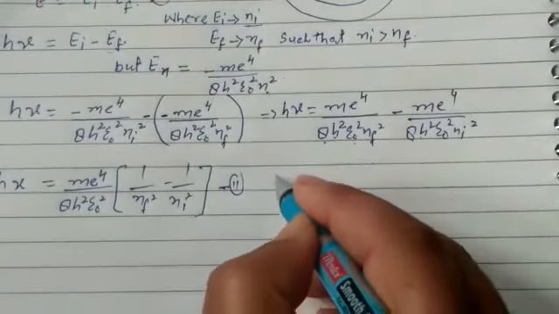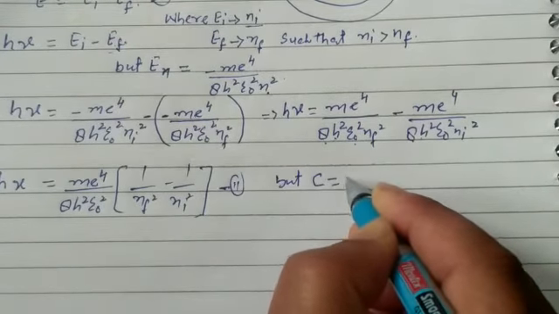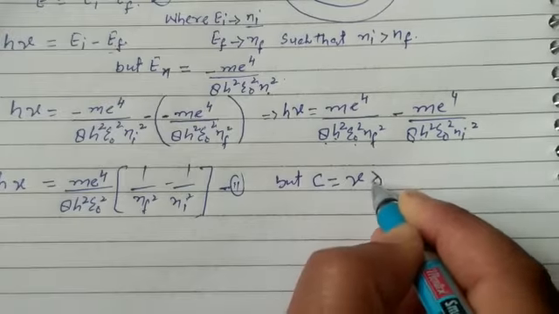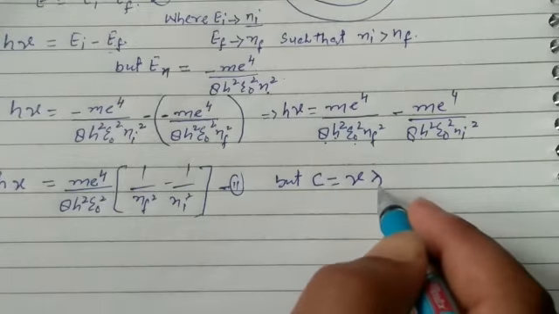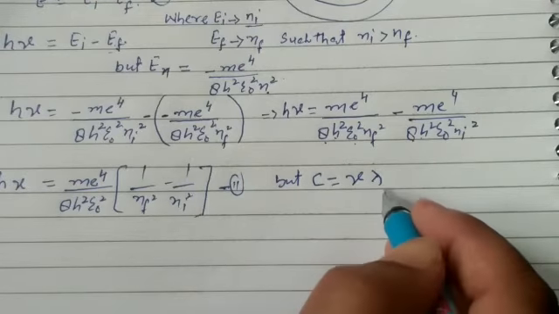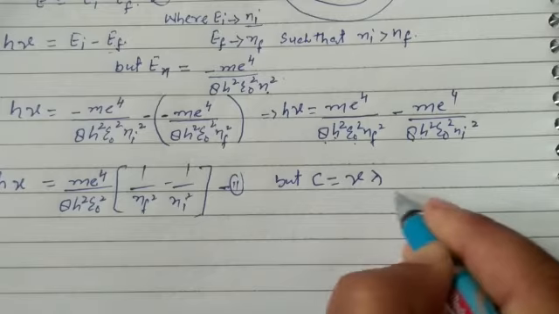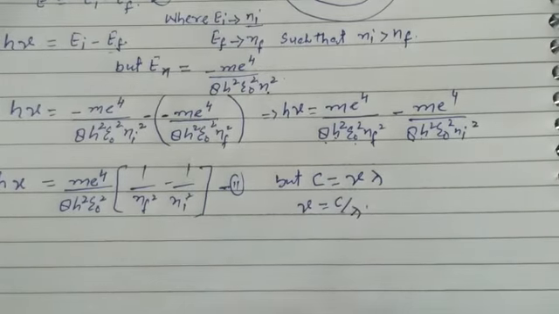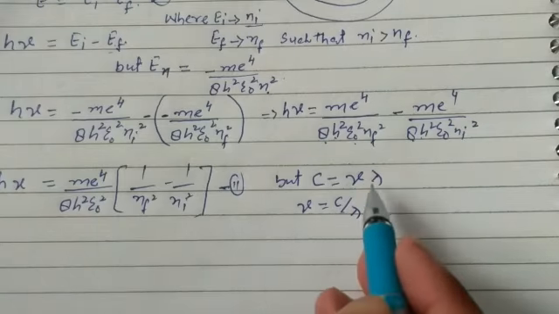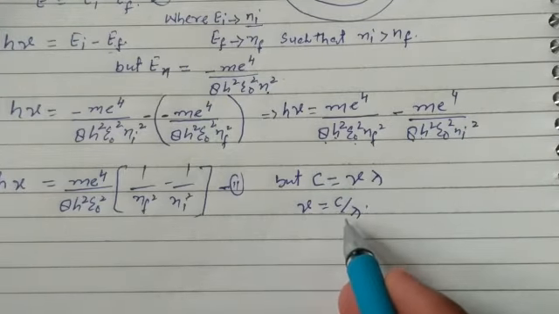But there is a relationship between c, nu and lambda: frequency, speed of light, and wavelength. C is equal to nu lambda, where nu is frequency and lambda is the wavelength of radiation, so nu is equal to c over lambda.